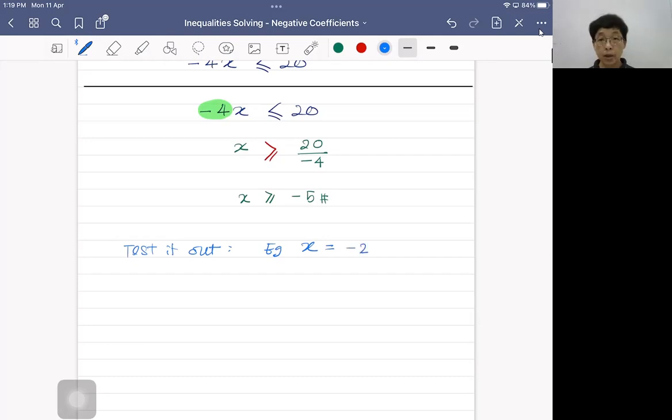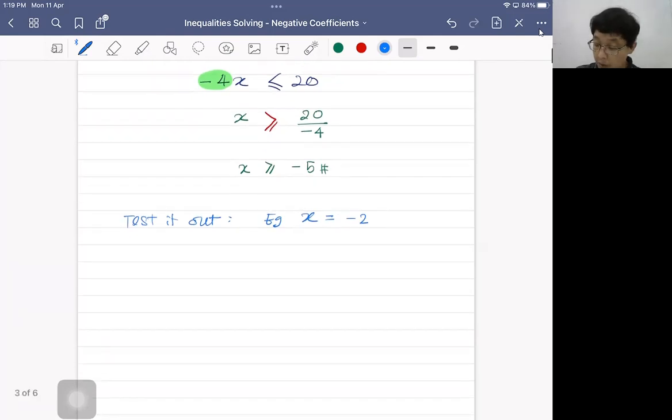Shall we? Yep, negative 2 is bigger than negative 5. Let's substitute that in. So negative 4, substituted with negative 2. Let's see, do we produce a correct statement? So negative 4 times negative 2 gives us a positive 8. And does it make sense? Yes, exactly. It is true.